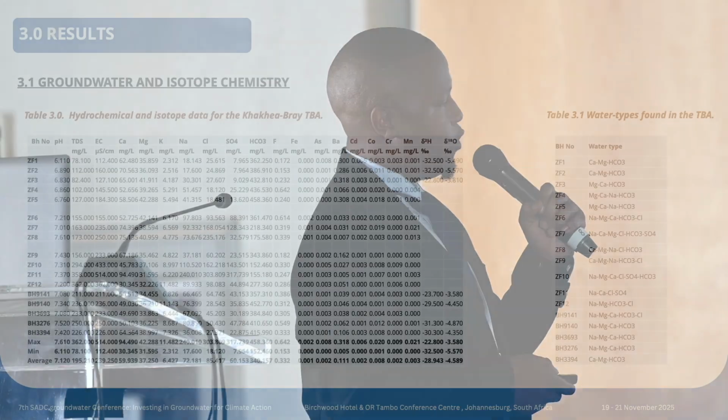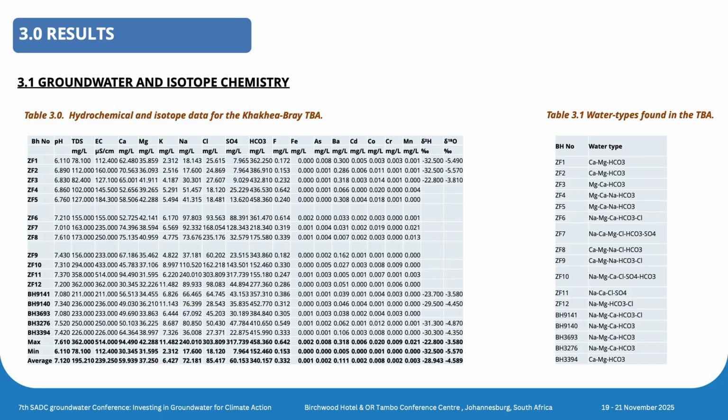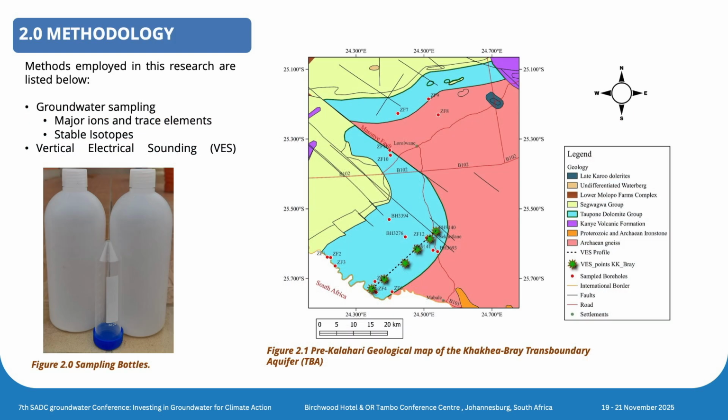So these are the results that we got. What we have seen from this data set is a variation of EC and TDS, which generally varies from this fault here, which actually partitions our transboundary aquifer into two limbs, the northern limb and the southern limb, with the highest EC and TDS readings found along the boreholes which were along the fault.